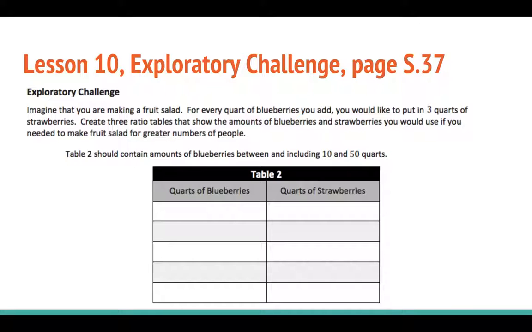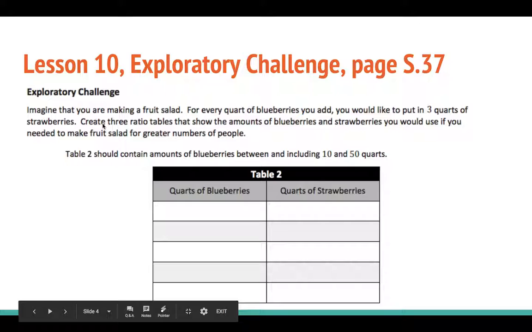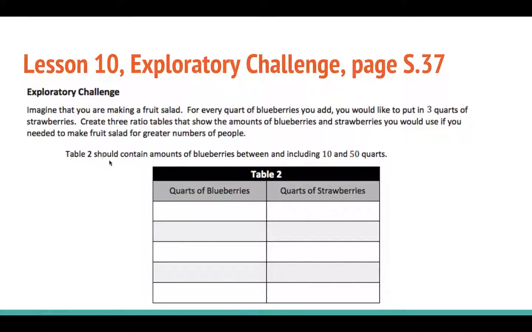Your next table is table 2. So we have the same problem here about your fruit salad. Now it says table 2 should contain amounts of blueberries between and including, and remember that word, between and including 10 and 50 quarts. Once again, for every quart of blueberries, there's going to be 3 quarts of strawberries.